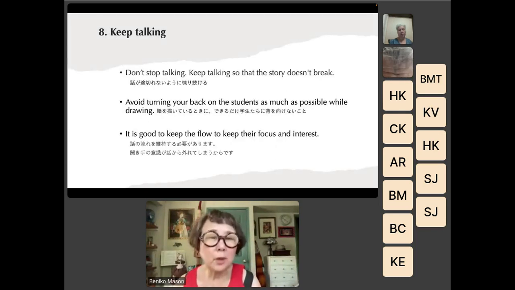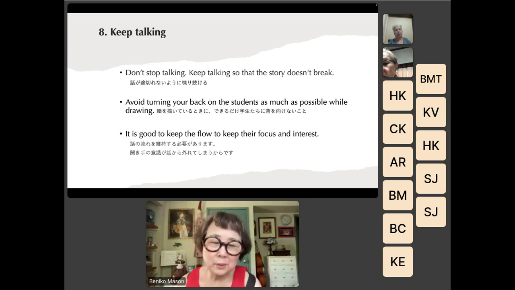Number 8, keep talking. Okay, don't stop talking. Keep talking so that the story doesn't break. This second one is quite important. Avoid turning your back on the students as much as possible while drawing.